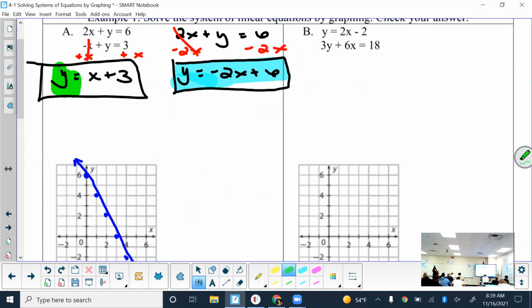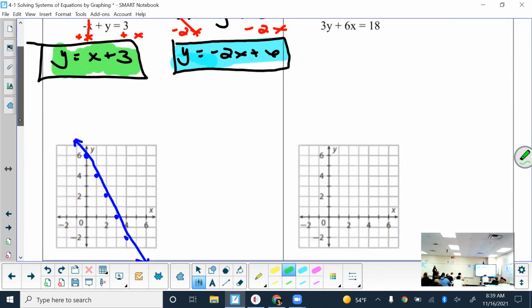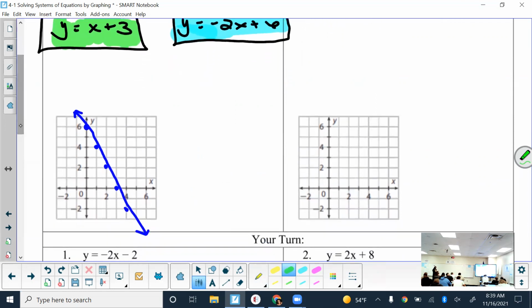All right, and what's my y-intercept of the one in green? 3. So put a dot on the 3 on the y-axis, and my slope is what? So I'm going... good, it's positive, so we go up, and it's always to the right unless we have to work backwards, which we do not in this one.